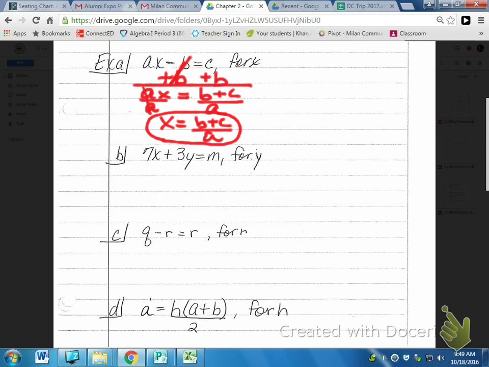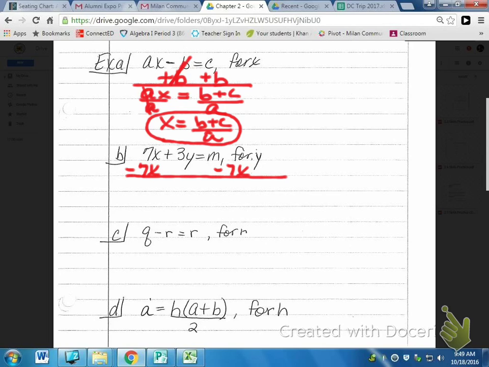Questions? Yeah? Can I do the next one? Well, we can try. 7x plus 3y equals m, and your job is to get y by itself. So what do you think I'm going to do first? Subtract 7x.